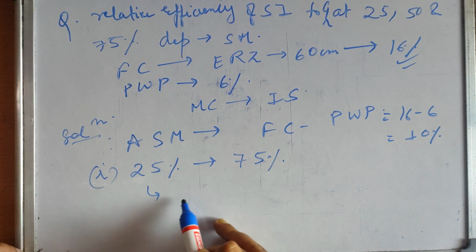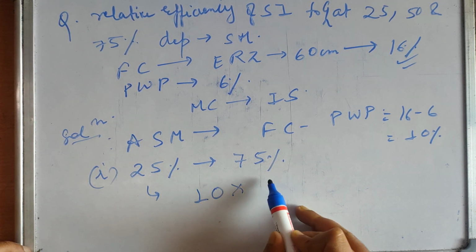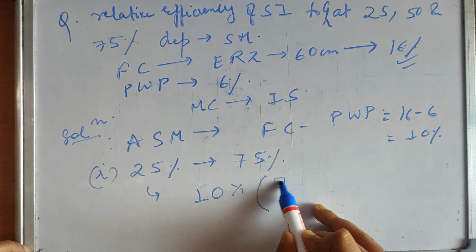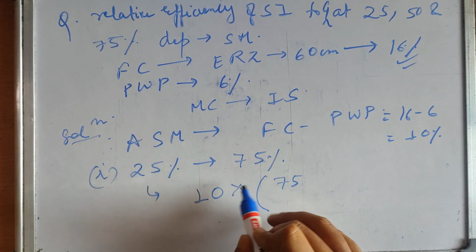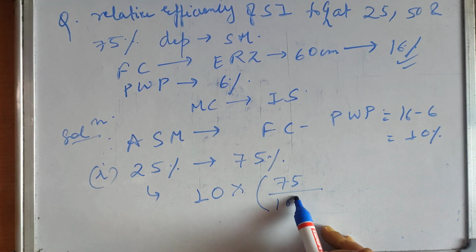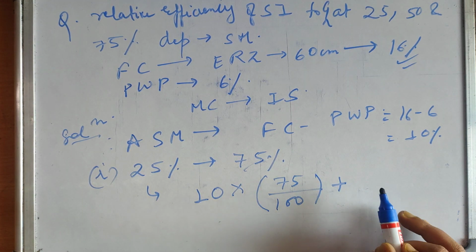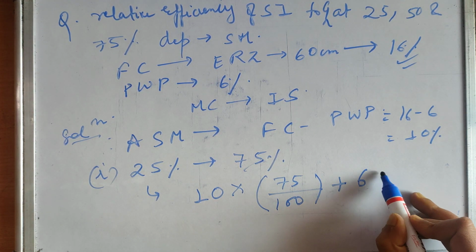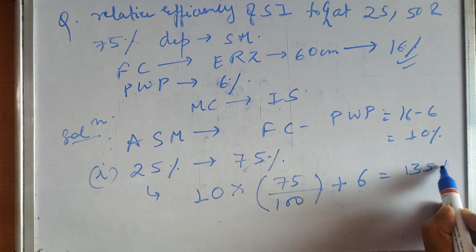So the formula is available soil moisture times 75 by 100 plus permanent wilting point, that is 6. When you calculate it, it will be around 13.5%.